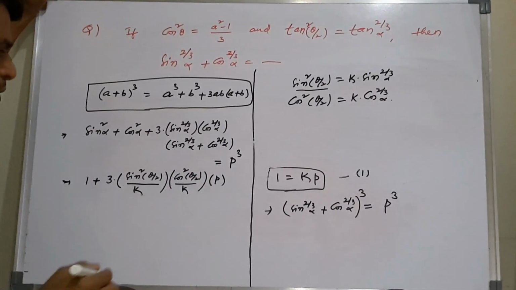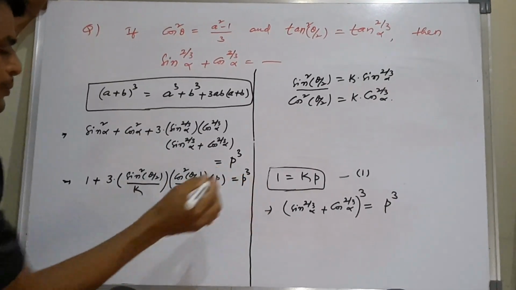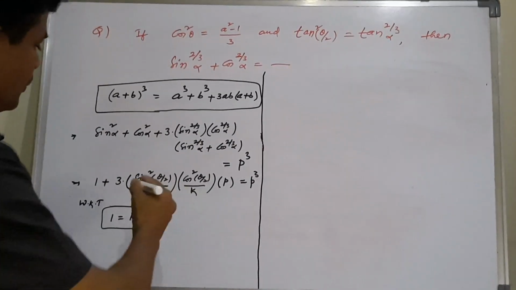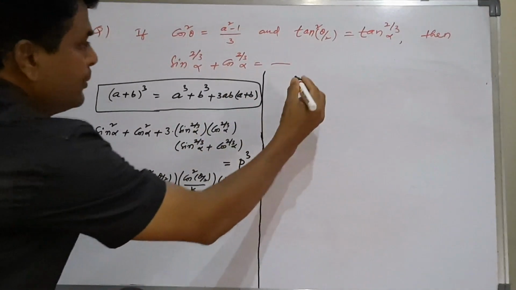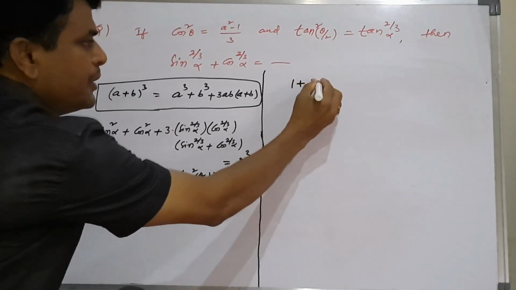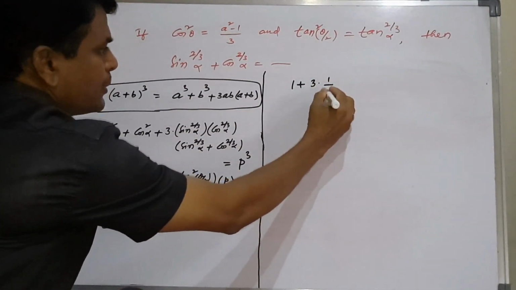We suppose it as p. That is equal to p cube. Now, on simplifying this, we will be getting 1 plus 3 into 1 by k square.